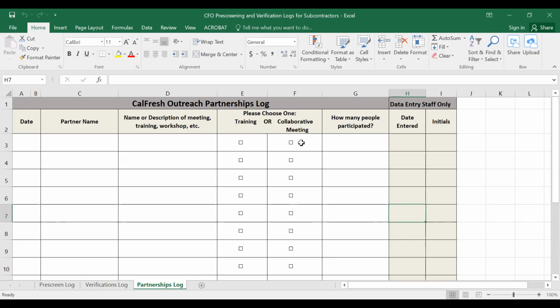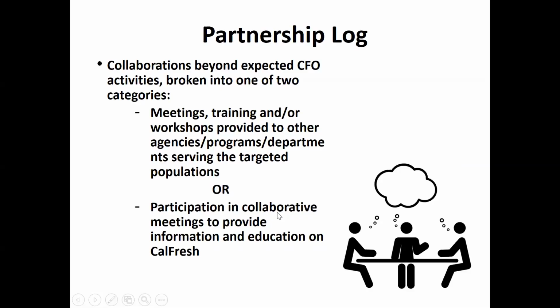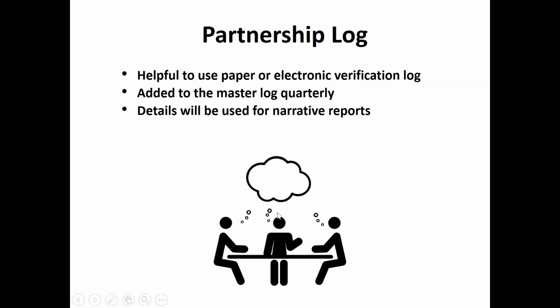But it's important to keep this active and to keep as much information as you can, because you will provide some of this information for your mid-year narrative and your annual narrative. And again, as mentioned, you can use this electronically or paper, whatever best serves your campus, and then just add that number to the master log.